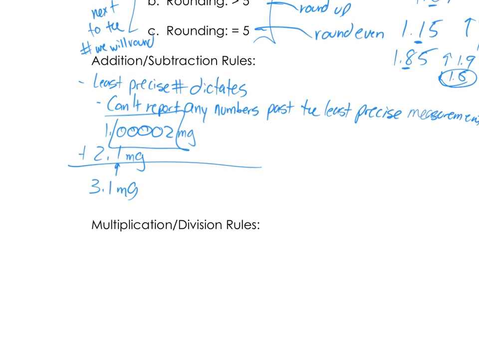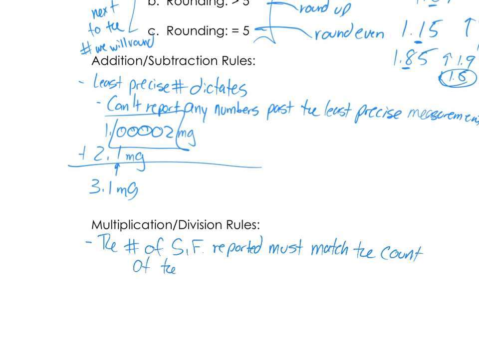For multiplication and division, the number of sig figs reported must match the count of the number with the lowest sig figs.